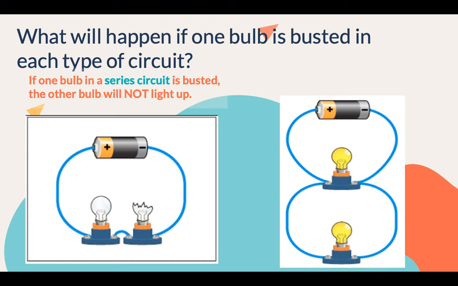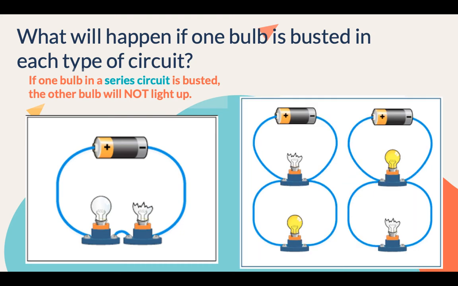Thus, when one bulb is busted, the electricity cannot flow through the other components since there is already a break. However, in a parallel circuit, if one bulb is busted, the other bulb will still light up. This is because it is composed of two or more paths for electricity to travel. If one path is broken due to the busted bulb, there is another way for electricity to flow.